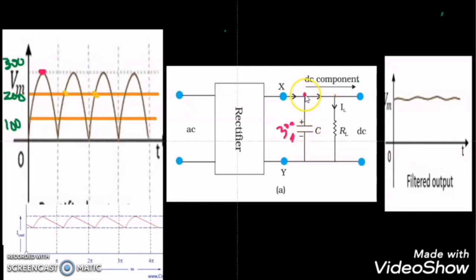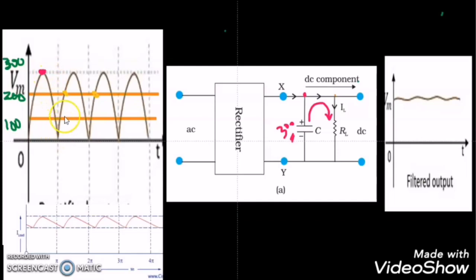Then the source voltage becomes lesser than the capacitor voltage, and at this time the current starts flowing from the capacitor to the load, and the capacitor starts discharging from 300 to 290 to 280, while the source voltage is also decreasing.